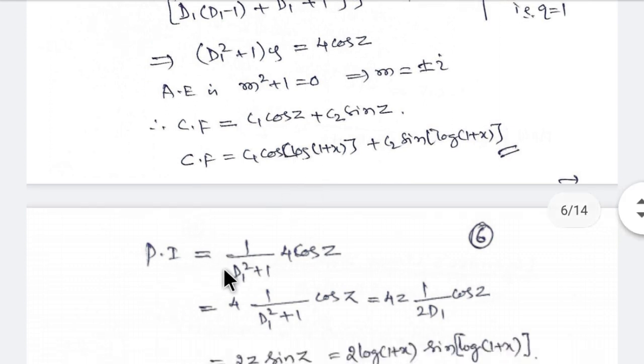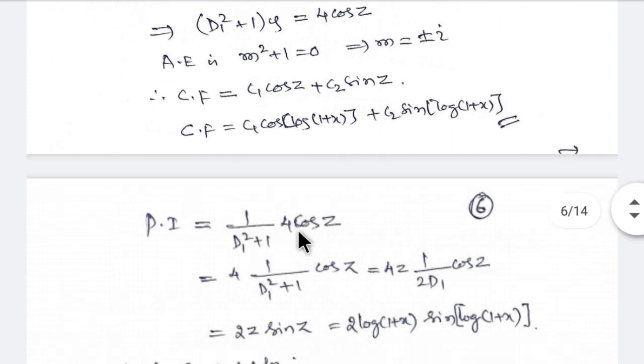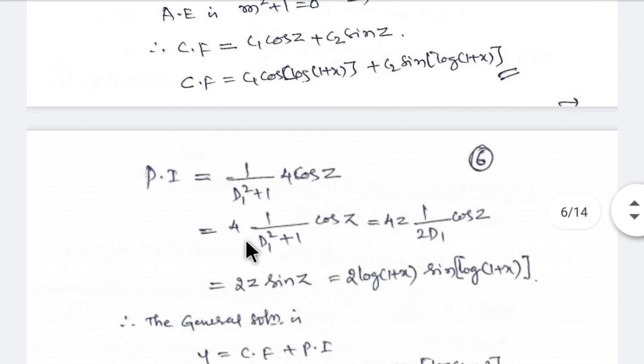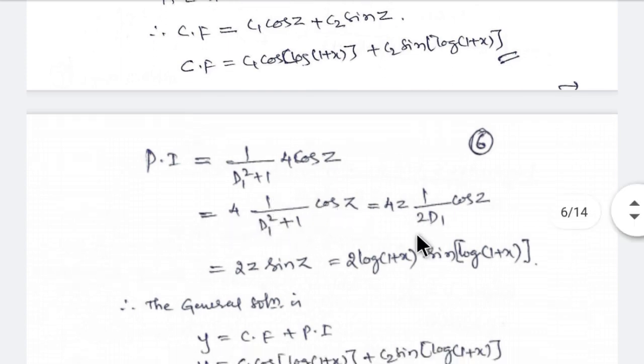Now the particular integral equals 1 by (D1 square plus 1) operating on 4 cos z. For a constant, you can shift it from the right side to the left side, keeping it as it is: 4 times 1 by (D1 square plus 1) operating on cos z. Here you replace D1 square by minus 1 square.